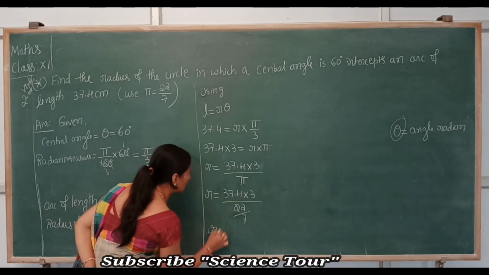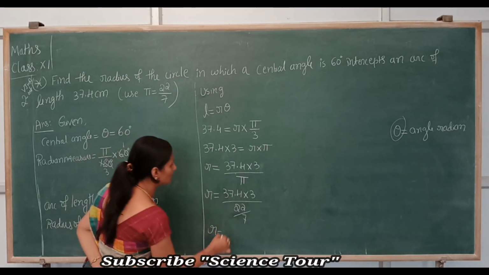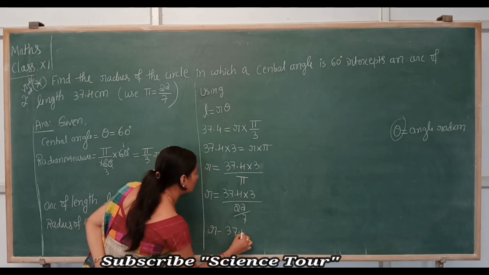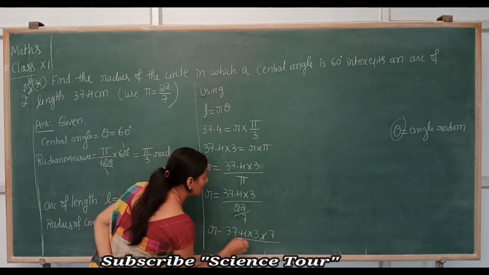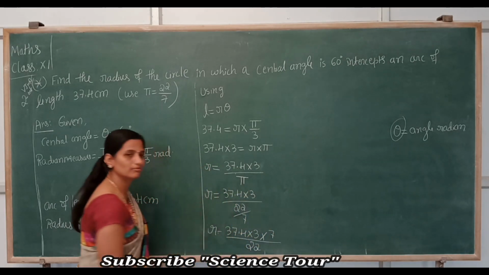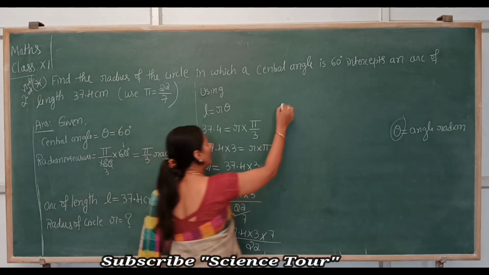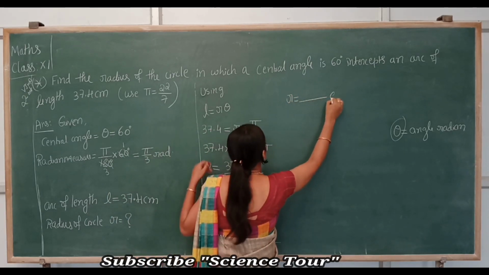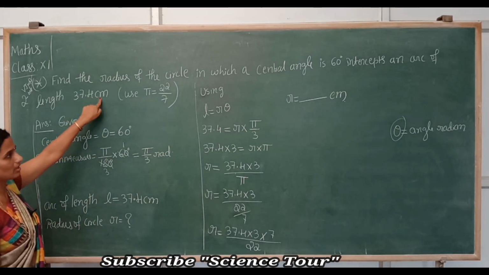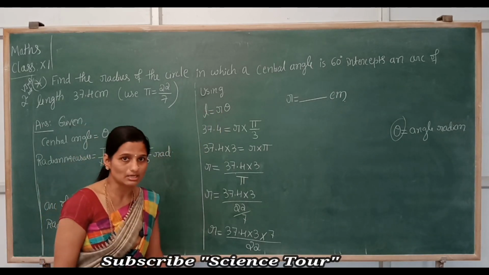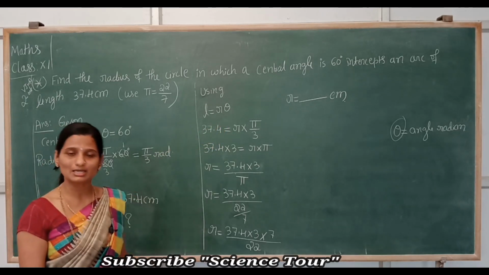These steps are not necessary, directly you can write answer using calculator. So R is equal to 37.4 into 3, this denominator 22/7 changes as 7 divided by 22. Do the simplification by using calculator and get your R is equal to dash centimeter, right? Why it is centimeter? Length of arc is given in centimeter, so radius also in centimeter. So simplify that by using calculator and get R.